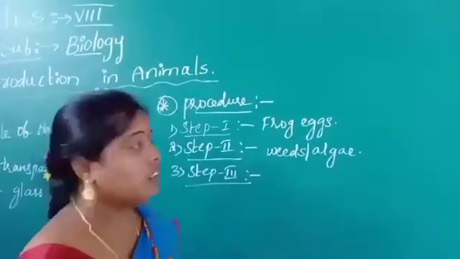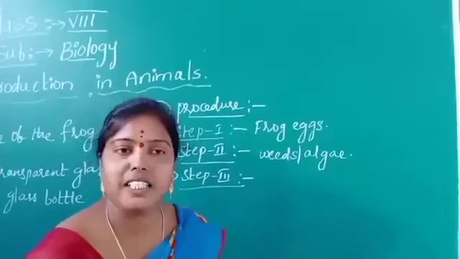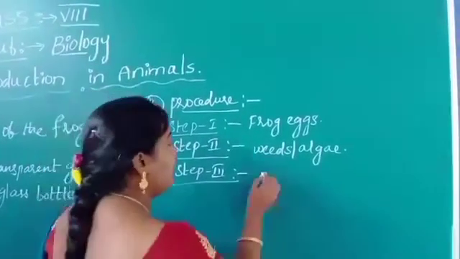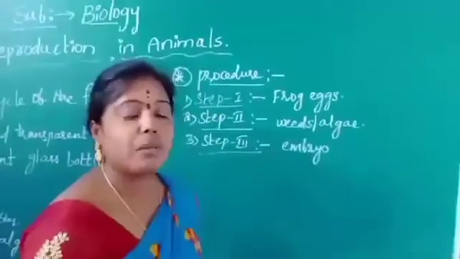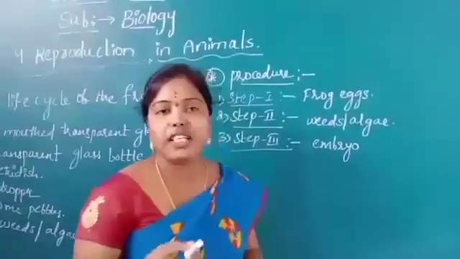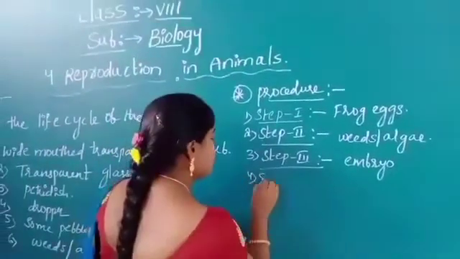Children, you observe in the eggs the blackish portion which is present in the center of the frog egg. That is called what? Embryo.